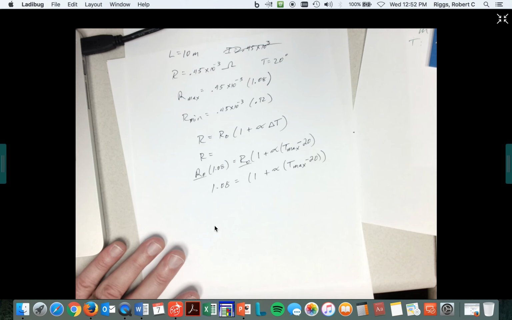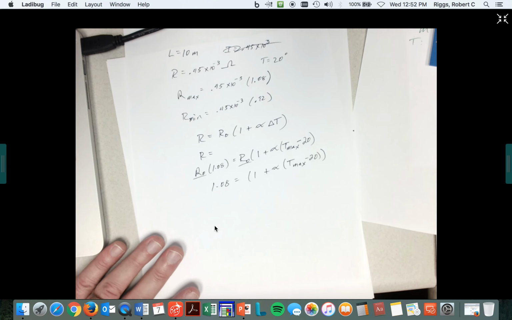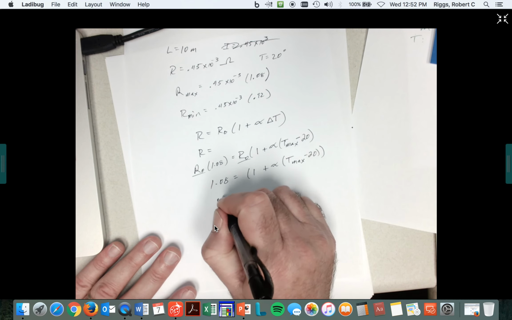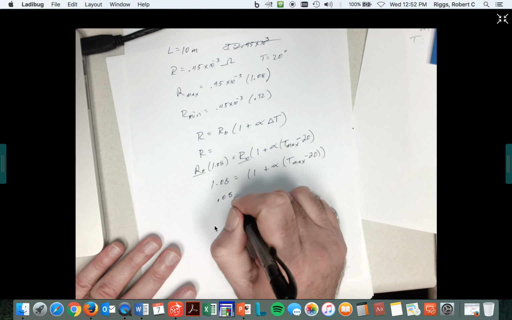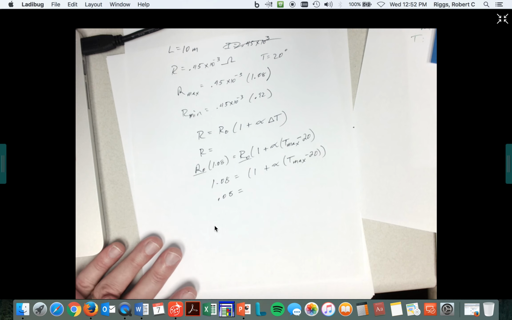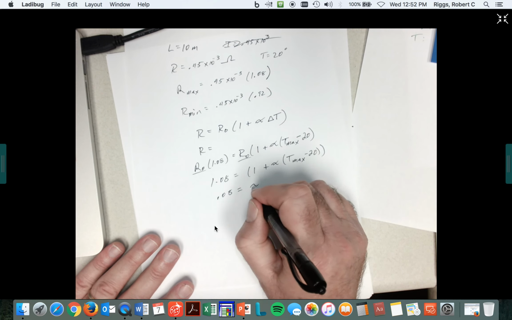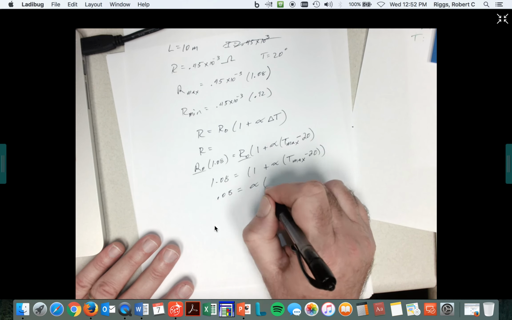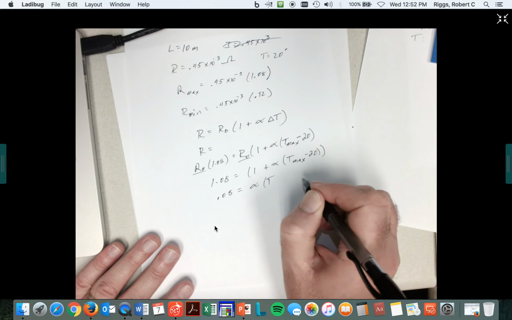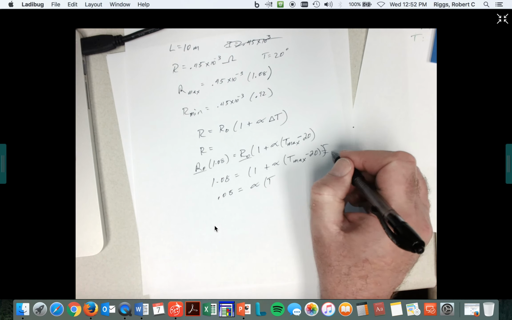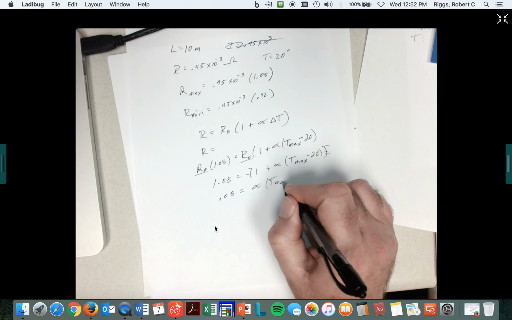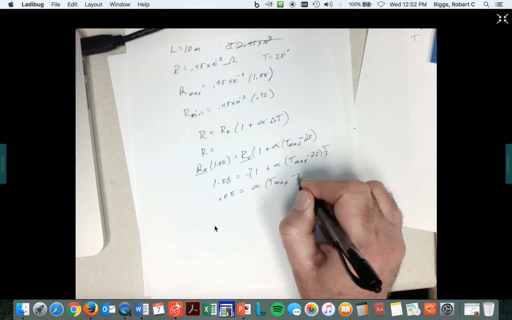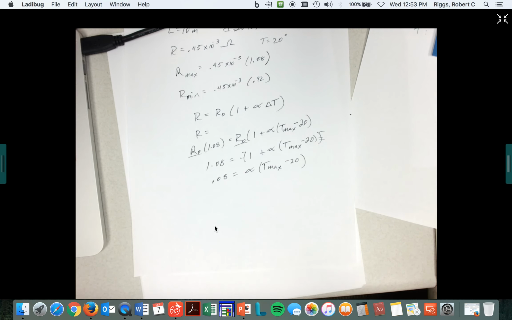Well, look at that. So you subtract, and you get 0.08 is equal to alpha times T max minus 20, because I can drop these parentheses. And then you just solve for T max.